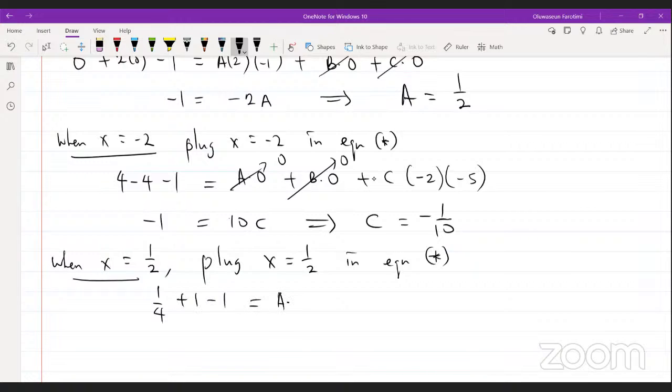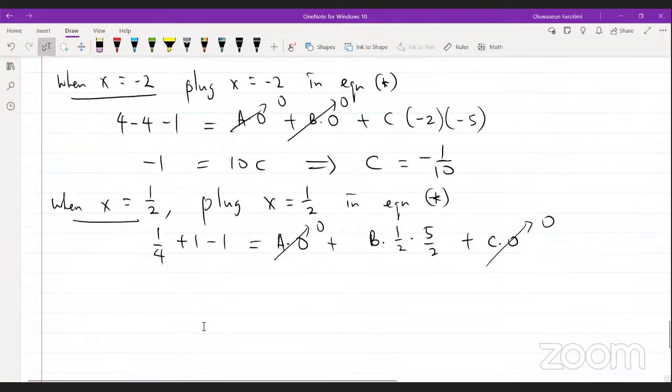And then you have 0 times a times 0, plus b times 1/2 times 5/2, plus c times 0. You can plug it in and see that these values are correct. This guy goes to 0, this guy goes to 0. The left-hand side, you got a -1 plus 1 minus 1 gives me 0. So over here I have a 1/4, and over here I have 5/4 b.